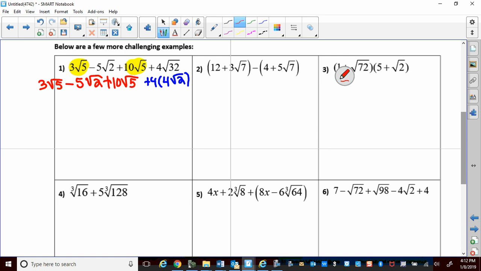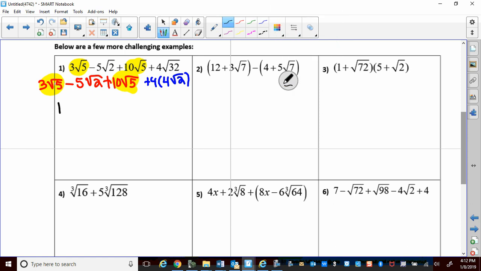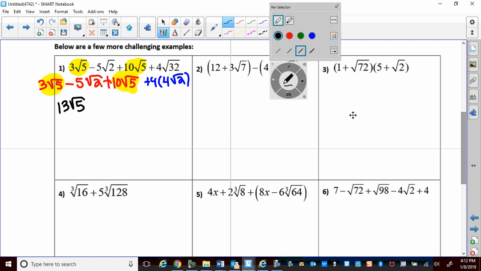Okay? So combining my like terms, if you don't see them, I'm highlighting them for you. 3 square root of 5, 10 square root of 5, and I get 13 square root of 5. My other like terms, well, I'll have to simplify here.